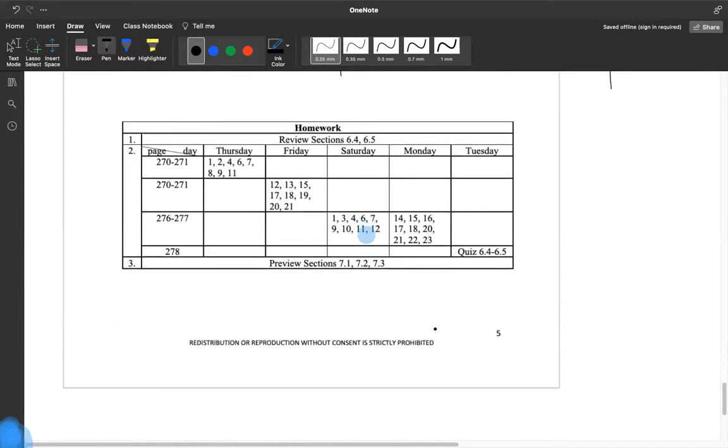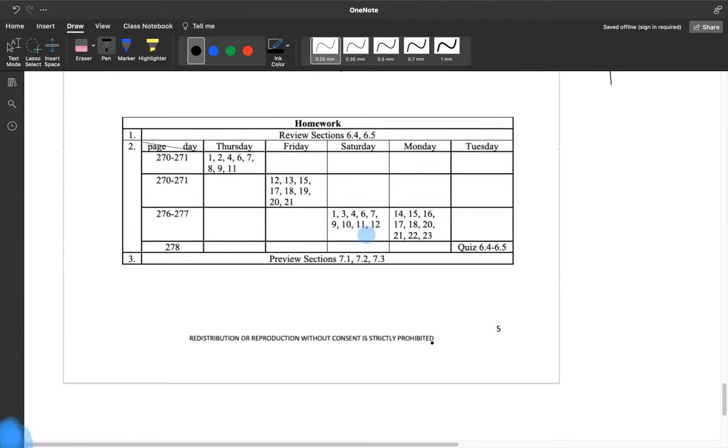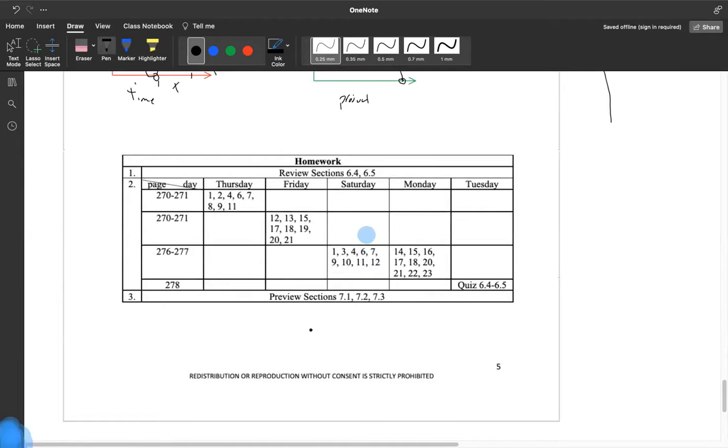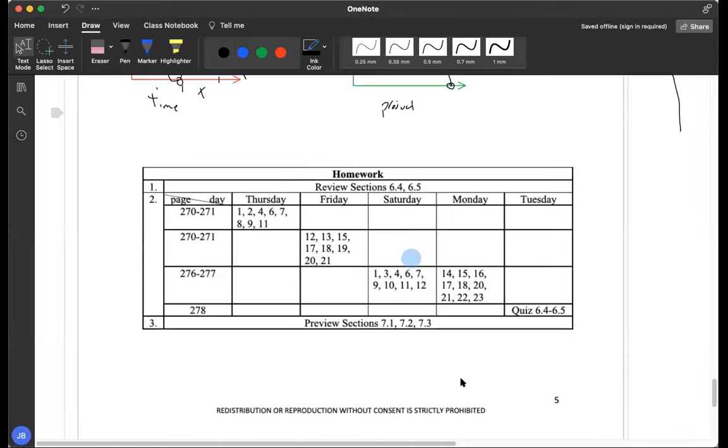So we've come to the homework part. So why don't we look at a couple of these? Let's see, 270, 271. Can we do more graphing? You want me to look up a couple graphing ones? Let's see.